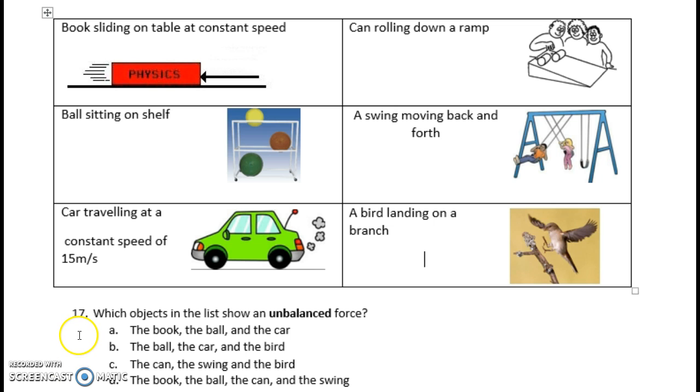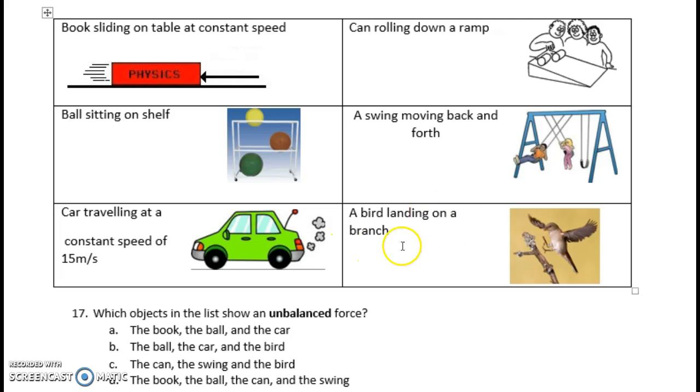Question 17. Which objects in the list show an unbalanced force? Unbalanced or unequal. A book sliding on the table at constant speed. Can rolling down a ramp. Ball sitting on a shelf. A swing moving back and forth. Car traveling at a constant speed of 15 meters per second.